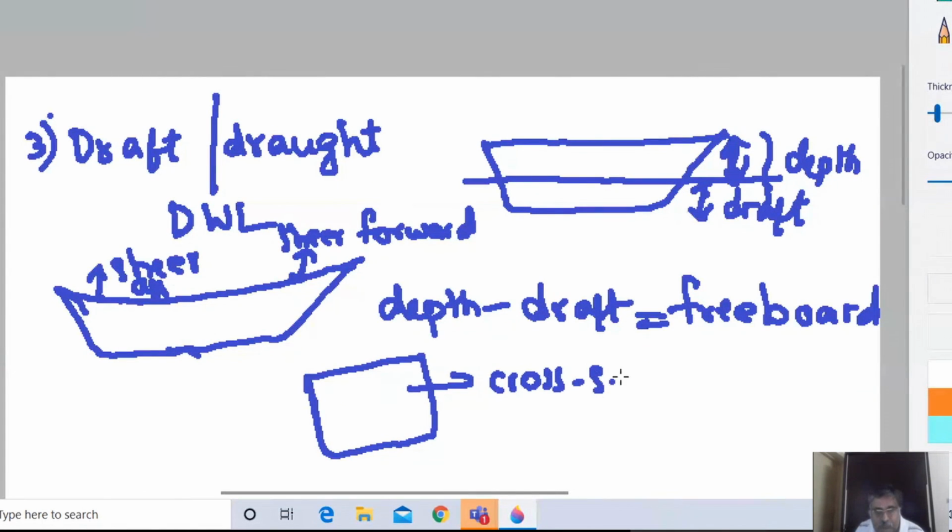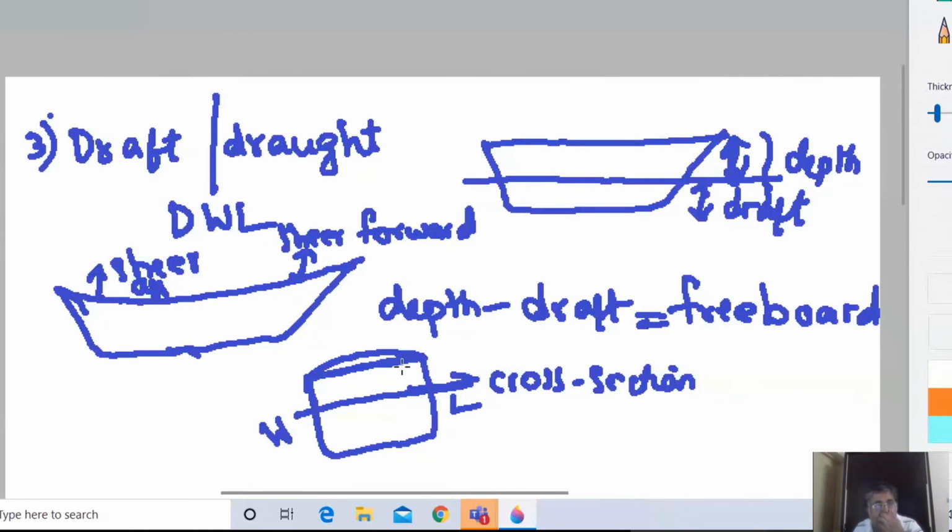And here also we will have a water line, which you usually write like this, WL. Now this line is the deck. It is not usually flat like this. It is slightly curved like this.